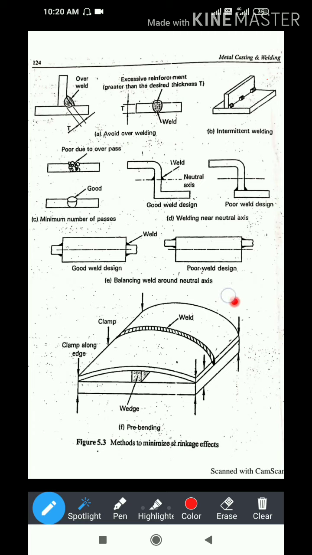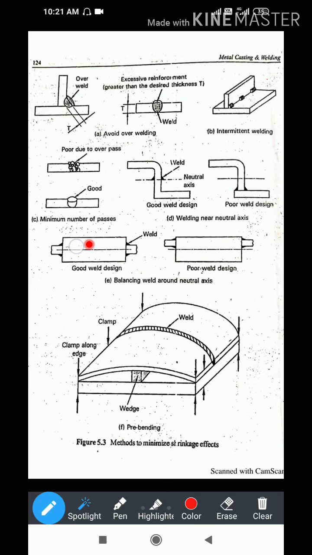Now you can see over here the balanced welding around the neutral axis. There are two diagrams given. This is a good welding and this is a poor welding. In this you can see the neutral axis is there. Above this neutral axis the welding is done, that is unbalanced.